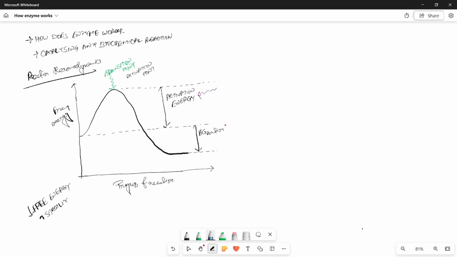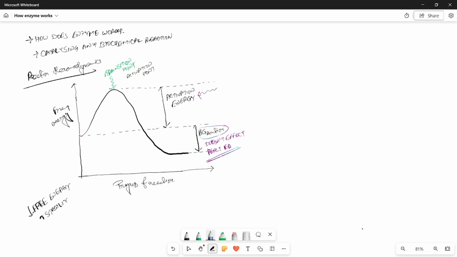It doesn't have any effect on delta G. In the last class, it was also mentioned that an enzyme does not affect reaction equilibrium. Thus, an enzyme has no effect on the delta G value of any reaction. An enzyme basically reduces the activation energy.